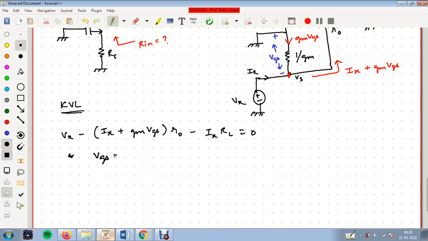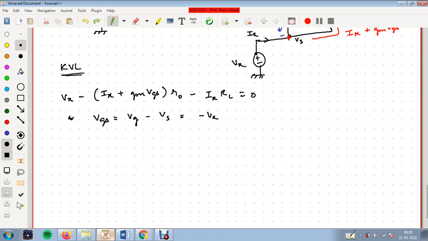When I look at Vgs here, Vgs is Vg minus Vs. Vg is ground, so that gives minus Vs. Vs is the same as Vx. So here I have to write Vx. Remember, this is Vs and this is Vx, both are the same.